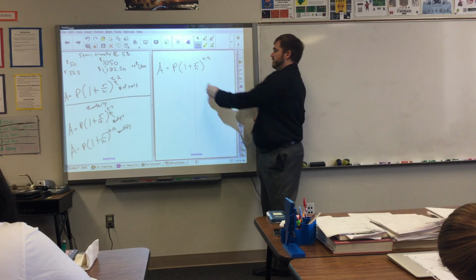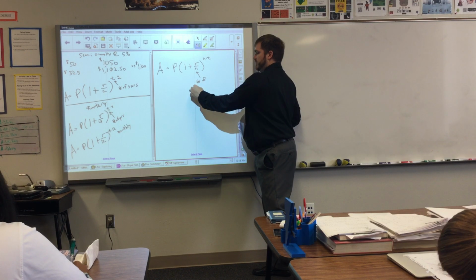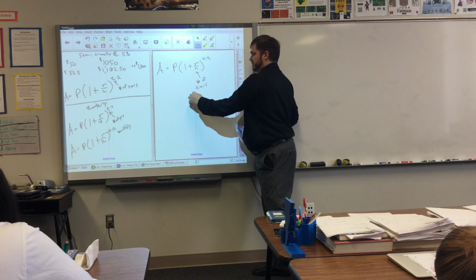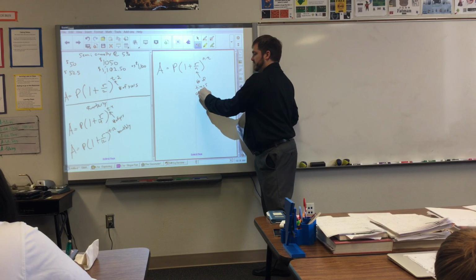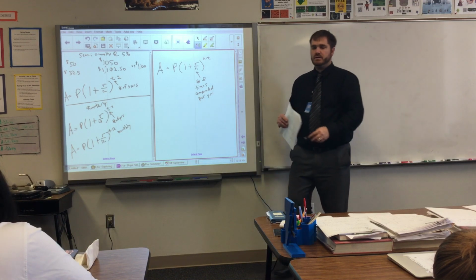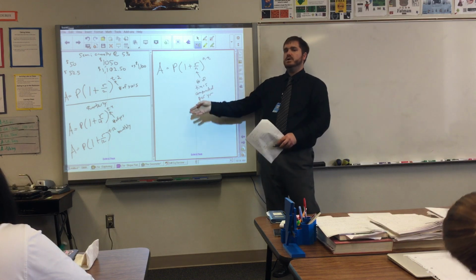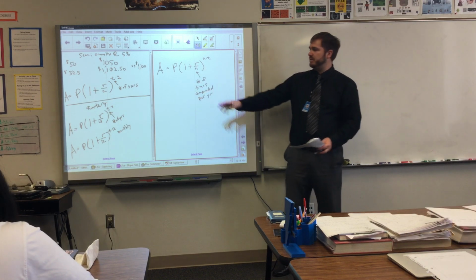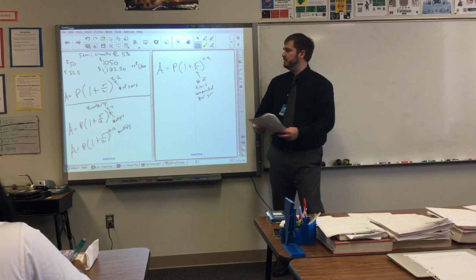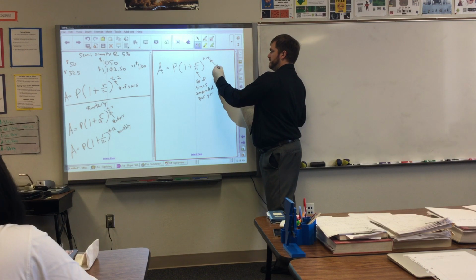All right, where n is the number of times that it's compounded per year. So if it's compounded twice per year, we divided by 2. When it was compounded 4 times a year, we divided by 4. Monthly, divided by 12. And then t is the number of years.